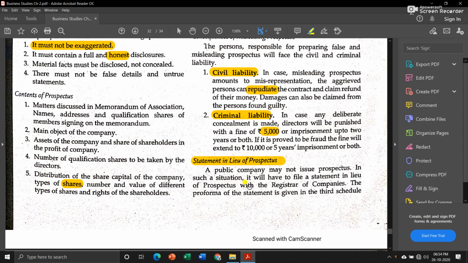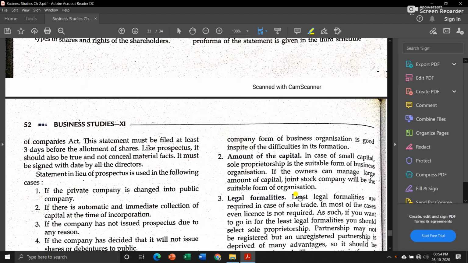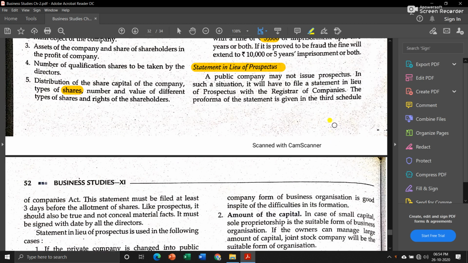Now that statement they have to submit to the registrar of companies. The pro forma of the statement is given below. Means there is one format of statement given in the third schedule of the Companies Act.